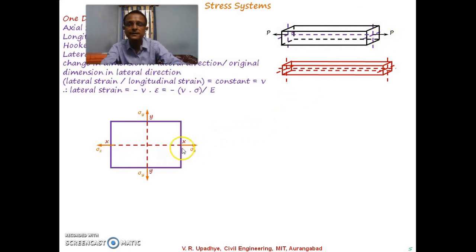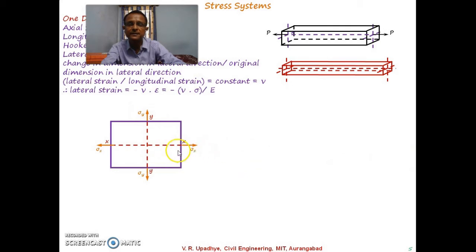About the x-axis it is sigma x, and about the y-axis, again there is some force acting, and on this area of cross section there will be some stress sigma. If this is the y-axis, let us call it sigma y. So what will happen due to this?